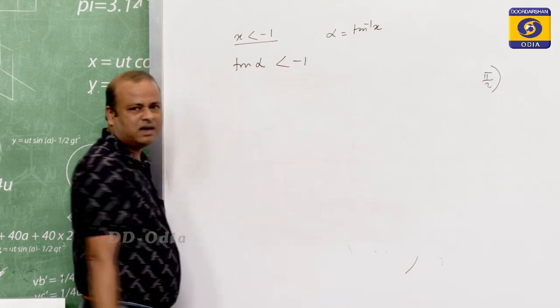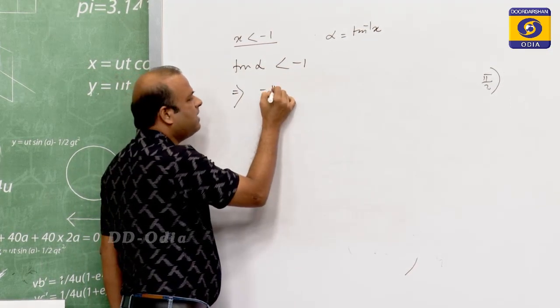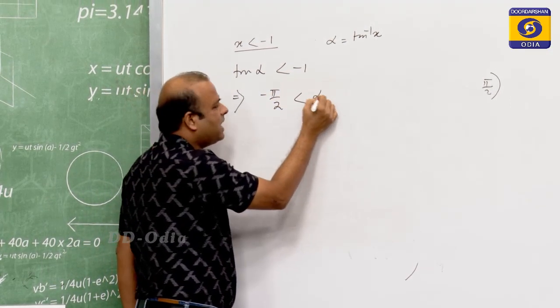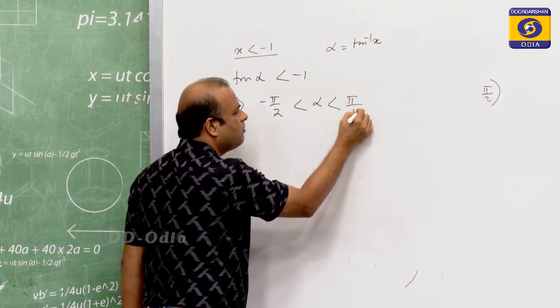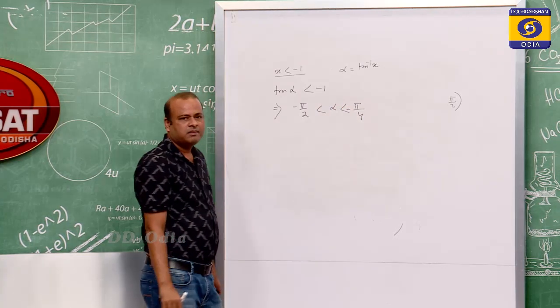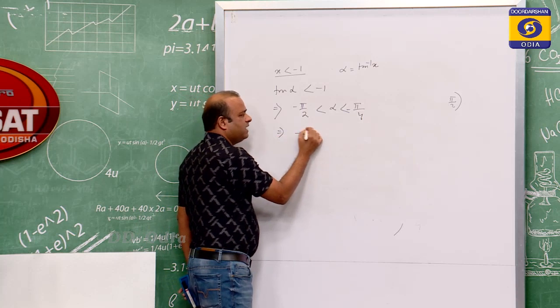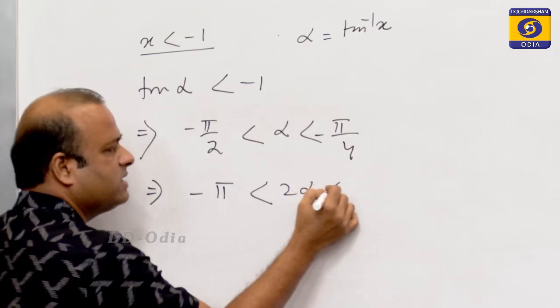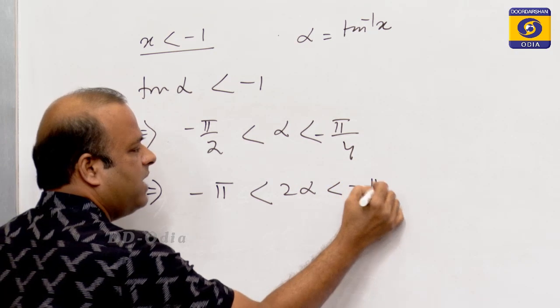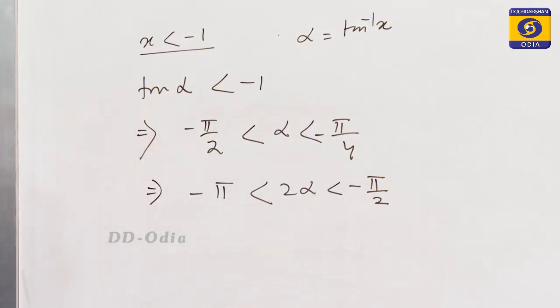So this implies minus pi by 2 less than alpha less than minus pi by 4. So multiplying by 2, minus pi less than 2 alpha less than minus pi by 2.